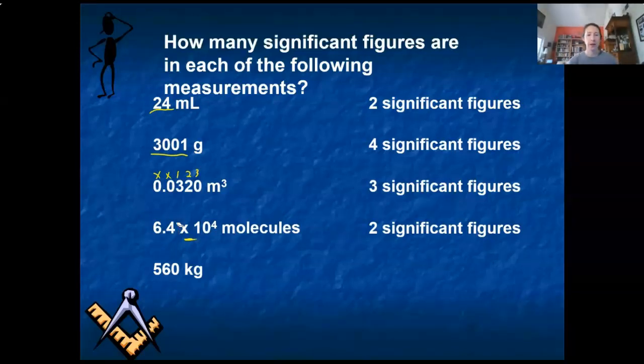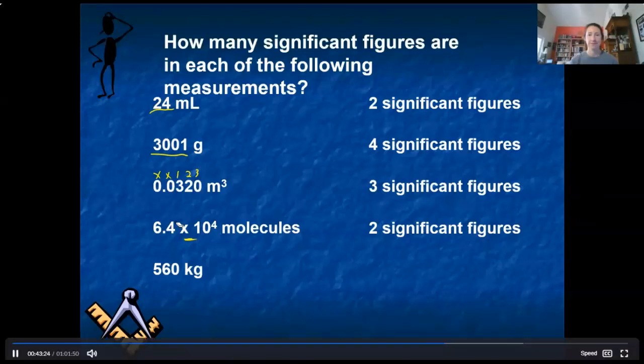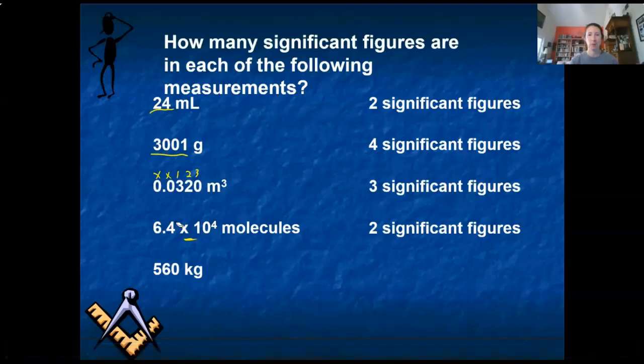Okay, how about this last one? This one's a little trickier. So here's my question for you. Is the decimal place present or is the decimal place absent? It's absent, right?